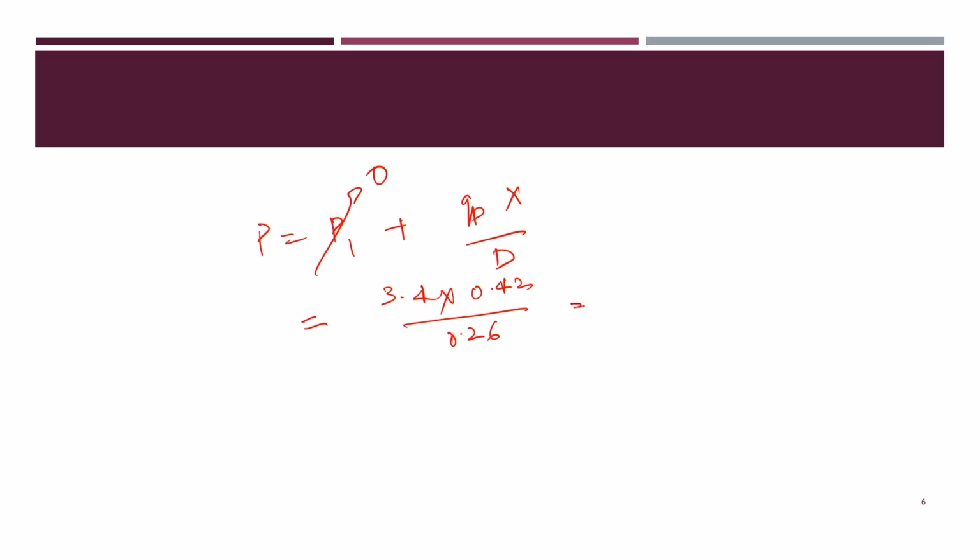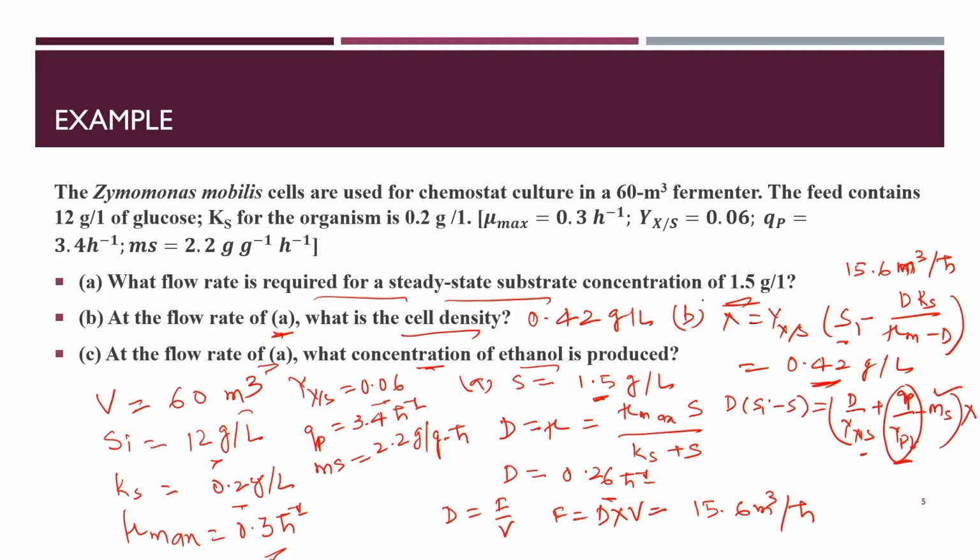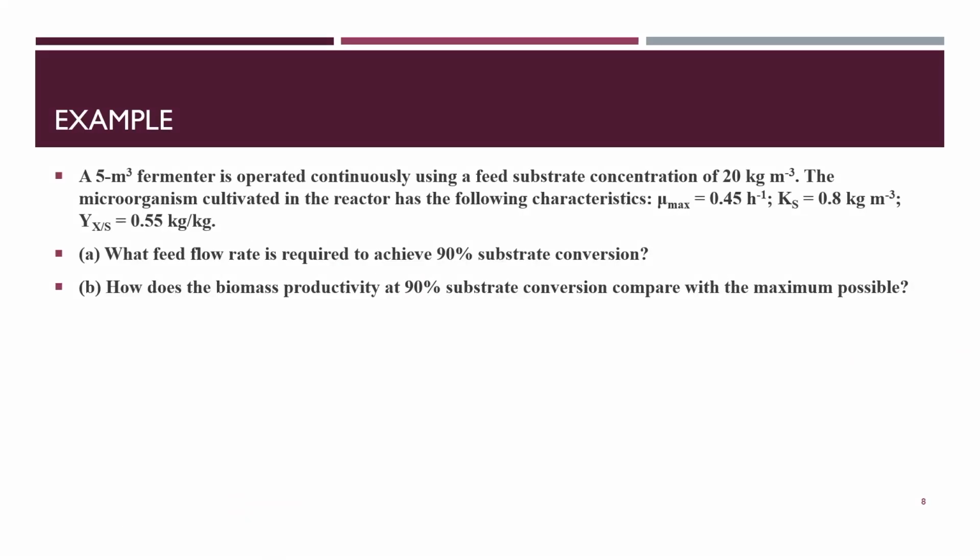So, we will get P as 5.5 gram per liter.